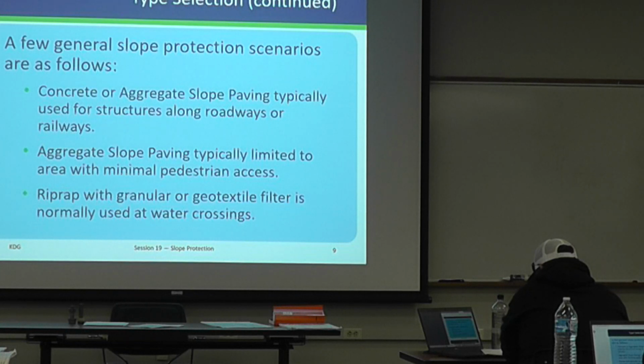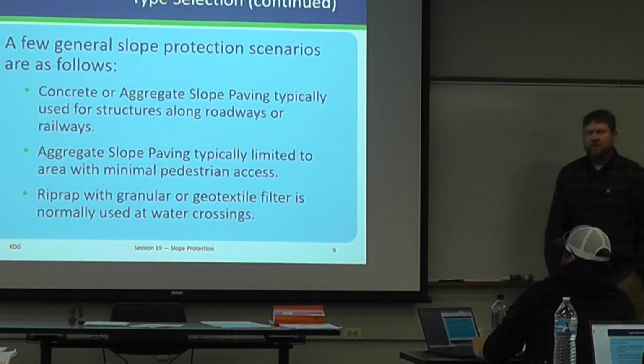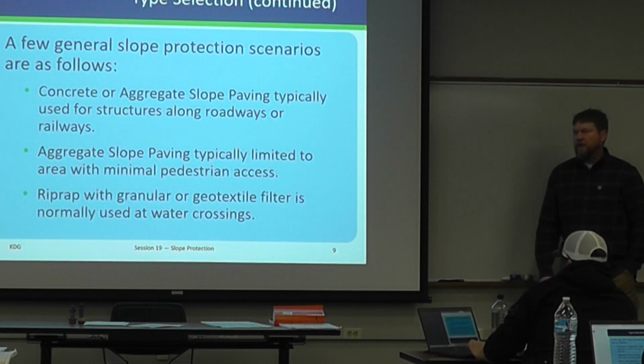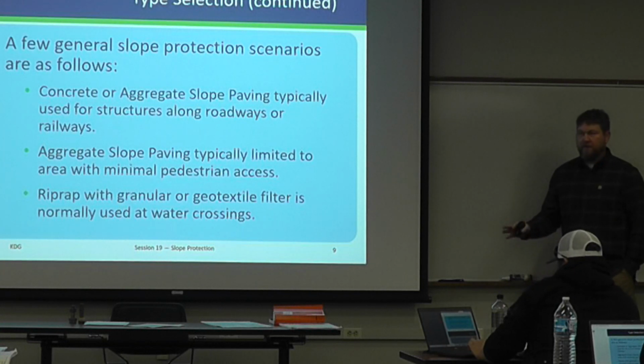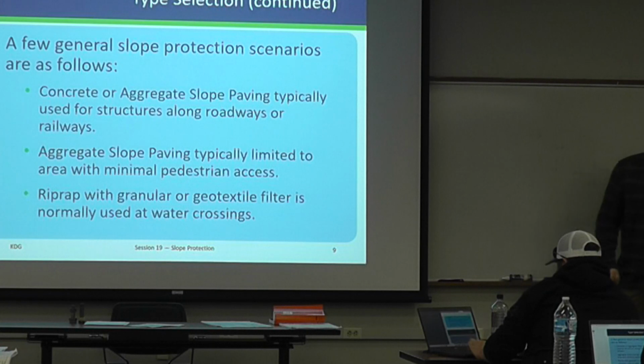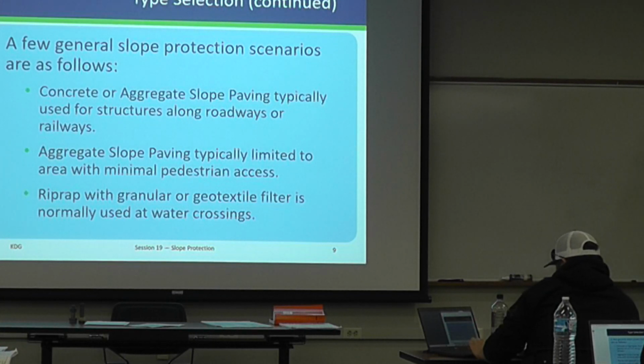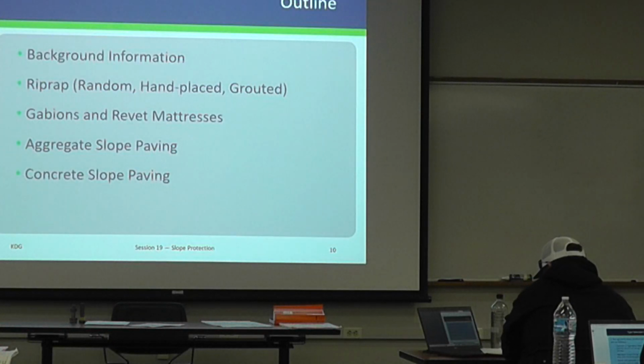The aggregate slope paving, some people think it's maybe not as aesthetically pleasing, so you may not see it next to a walkway, high pedestrian traffic area. And then riprap has a granular geotextile fabric underneath it, which we'll get to. It's typically used at a waterway crossing, and that's because it has very good resistance to scour of the water running over it. It's going to protect that slope underneath.